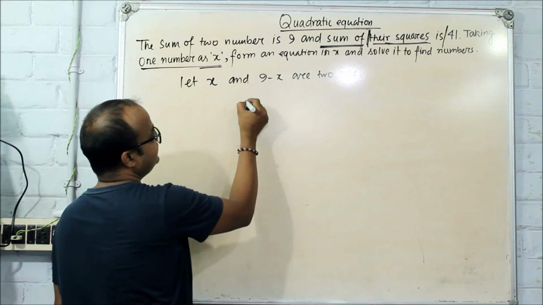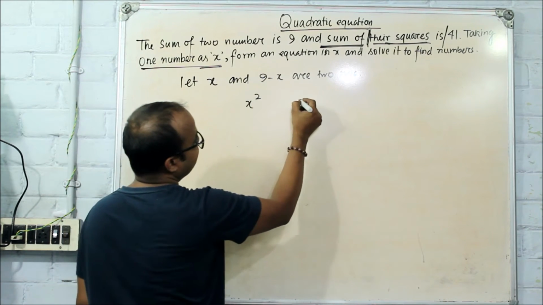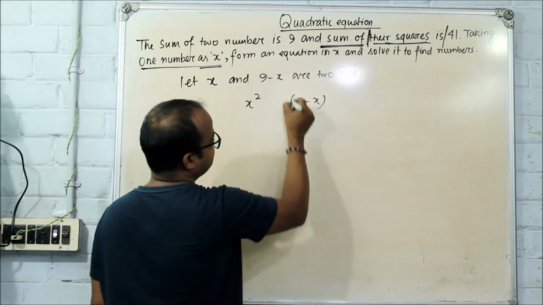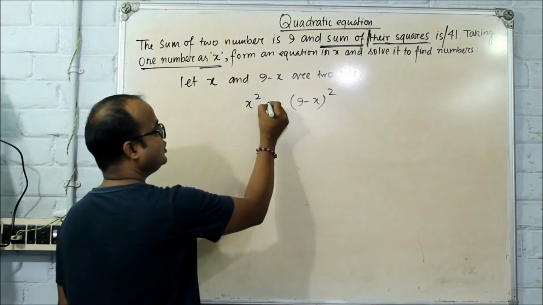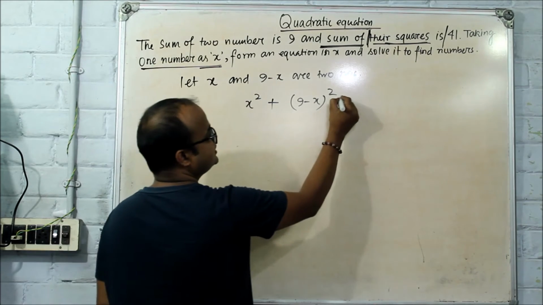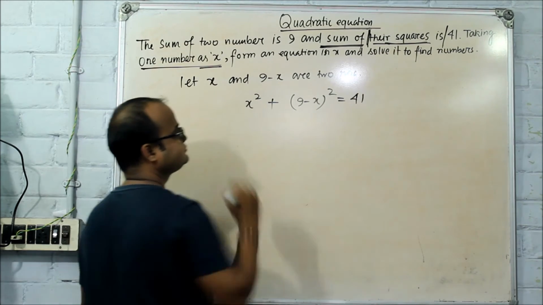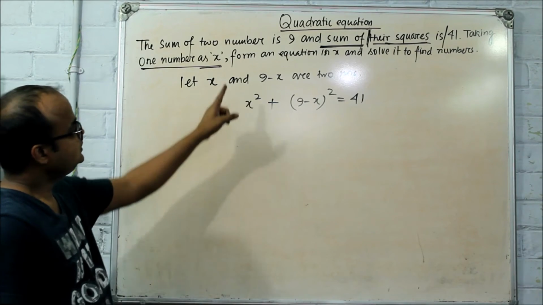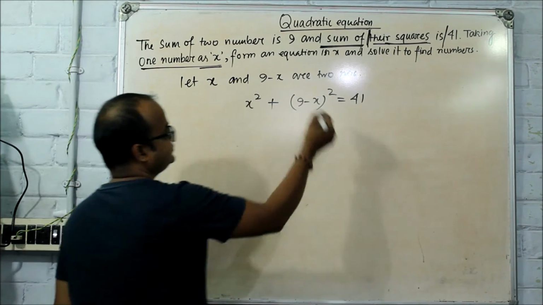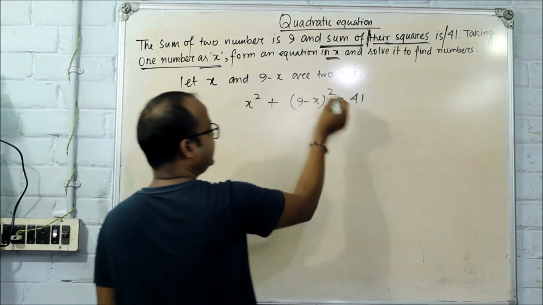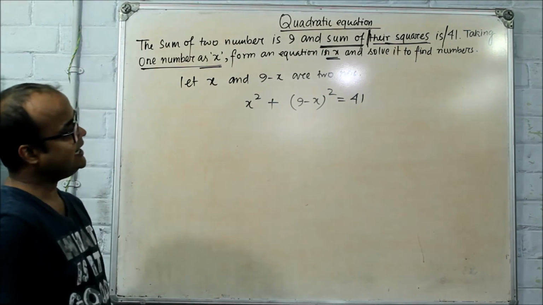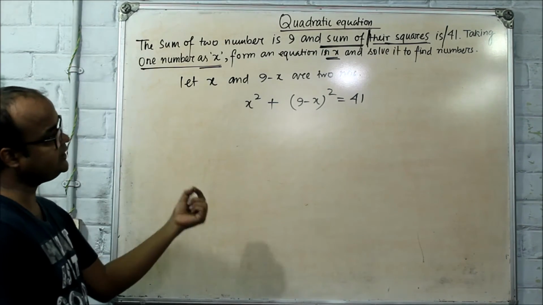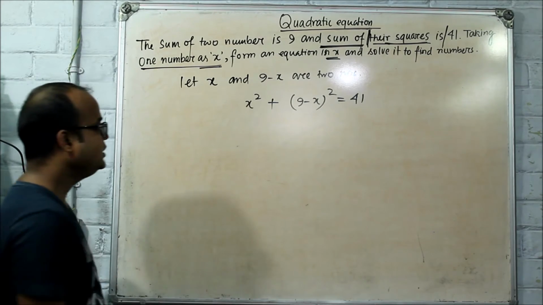Square of x is x square, square of 9 minus x is 9 minus x whole square. Sum of their squares is equal to 41. Now, form an equation in x. So, this part is over. The second part is to solve it to find the numbers.